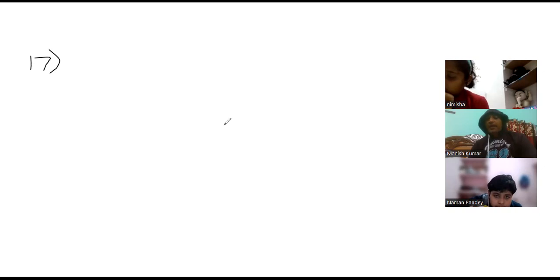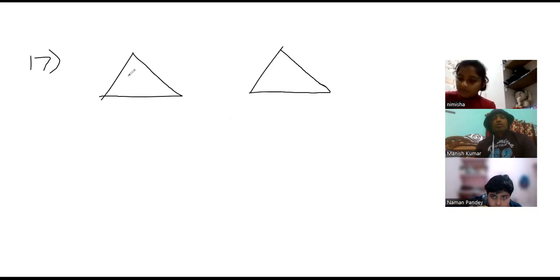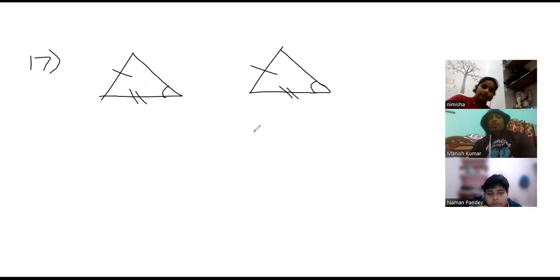Two sides and an angle of a triangle are equal to the two sides and an angle of the other triangle, but it is not written "including". See, let us take two sides of a triangle and one angle, and these two sides and this angle are equal. Are they congruent? By which criteria?